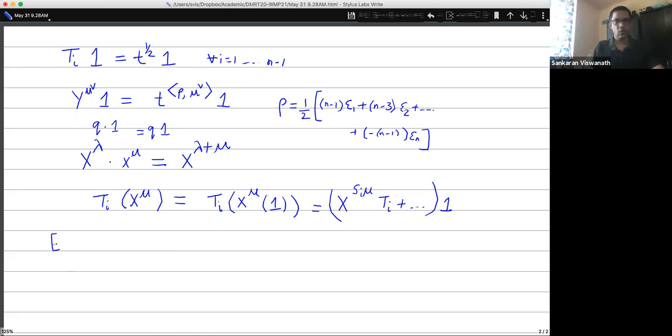Let me recall what the explicit formula was, because I'm going to use it later on today.